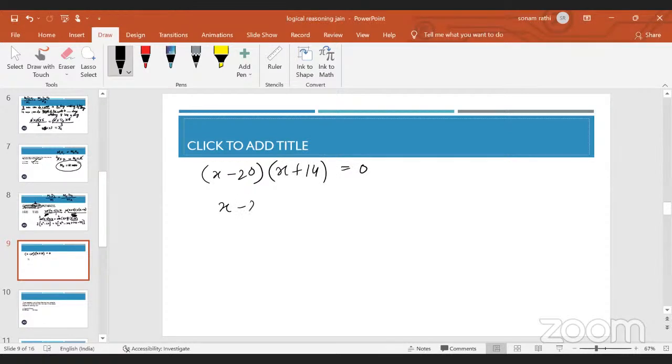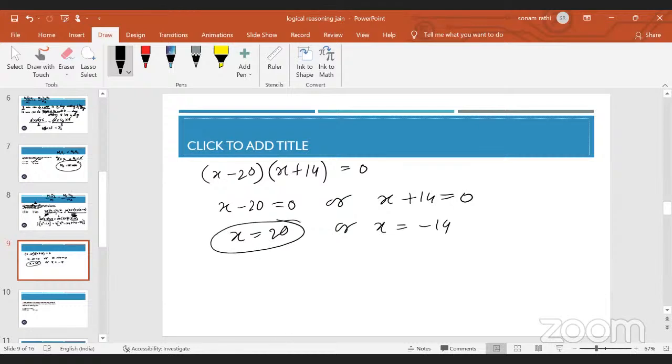So it means X minus 20 is equal to 0 or X plus 14 is equal to 0. So X is equal to 20 or X is equal to minus 14. We will not take the negative X value because the question is saying X days, and days cannot be negative. So X is equal to 20.